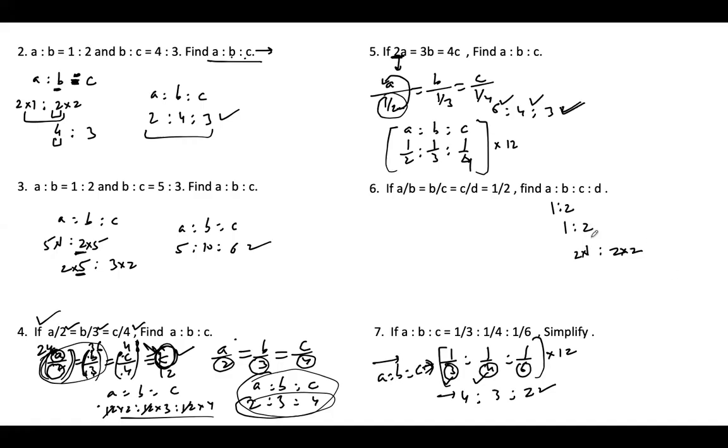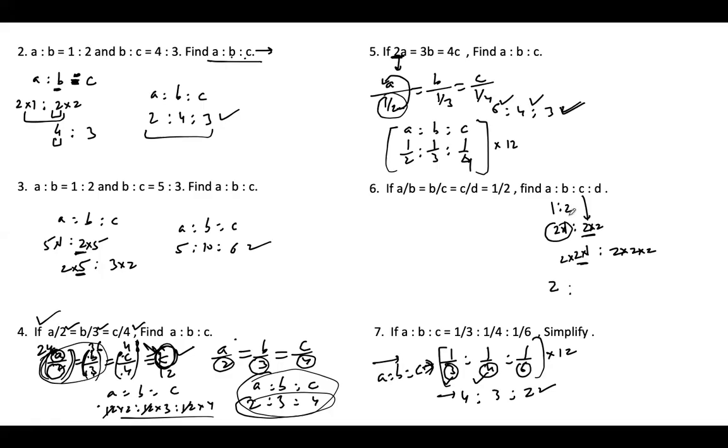Now, B is 2 here, B is 1 here. What should I do? Multiply this ratio by 2. So 2. Now C has become 4 here, but C here is 2. What should I do? Multiply again by 2. So the final value of A is 2 into 1.